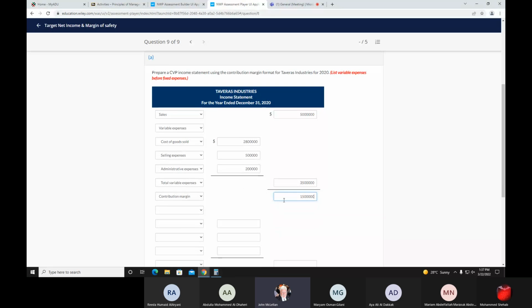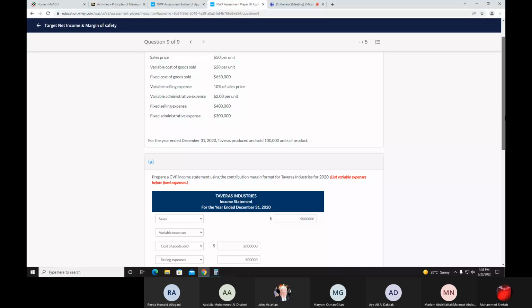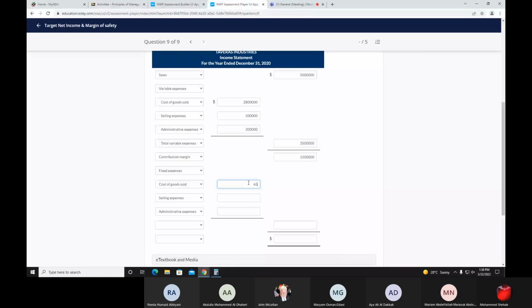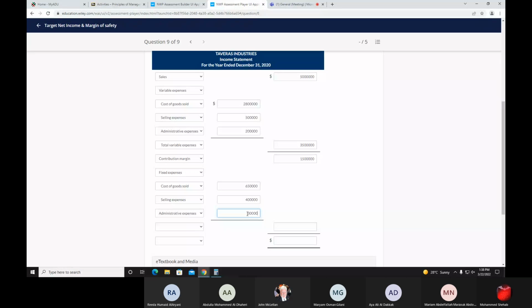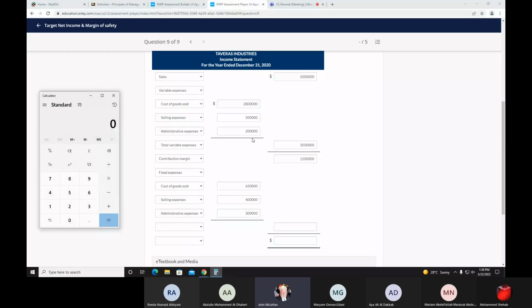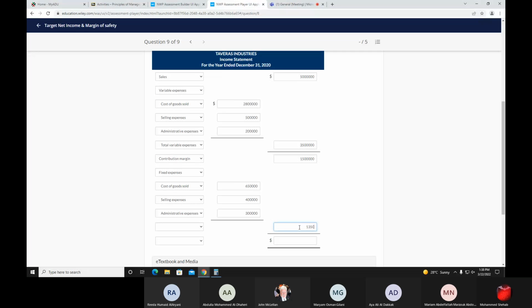Now subtract your fixed costs. That gives you the total fixed. Now the difference is your net income.